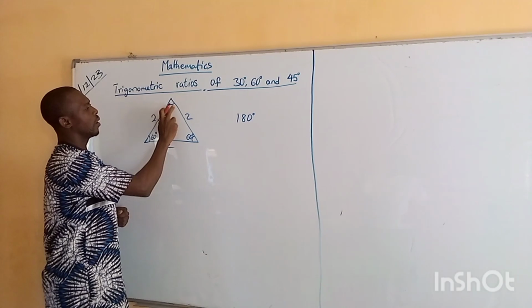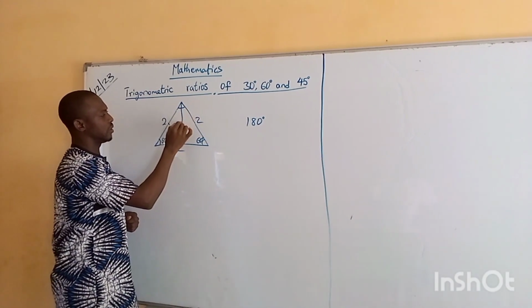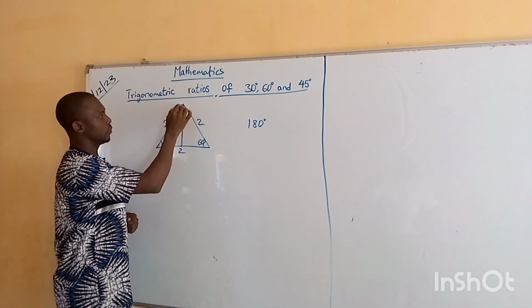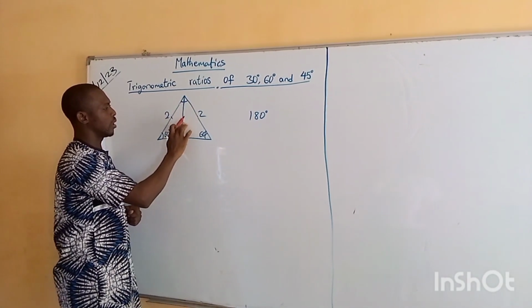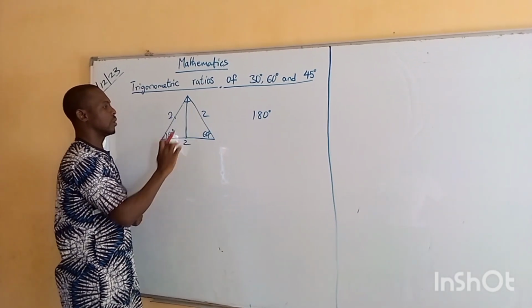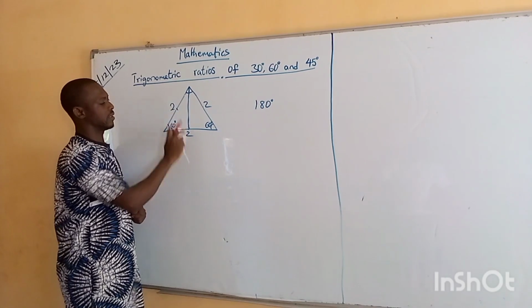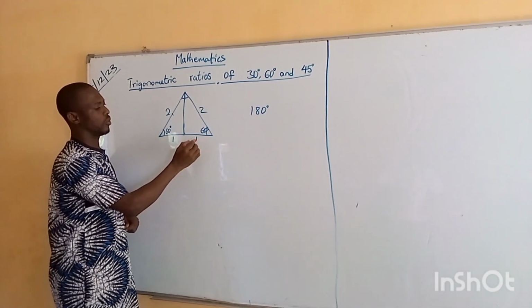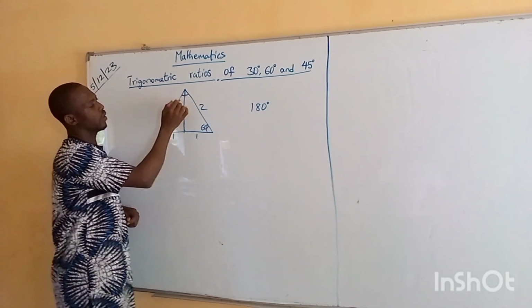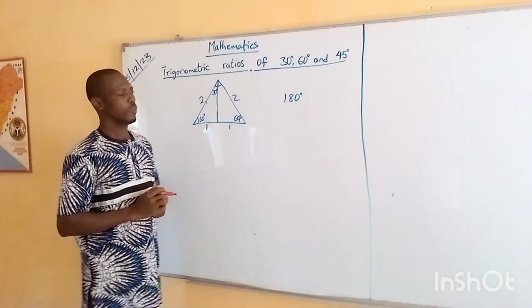Now, if this triangle is divided into two, we now have two right angle triangles in one. By the time we divide this triangle into two, here becomes 1, here becomes 1, and the angle here becomes 30 degrees.